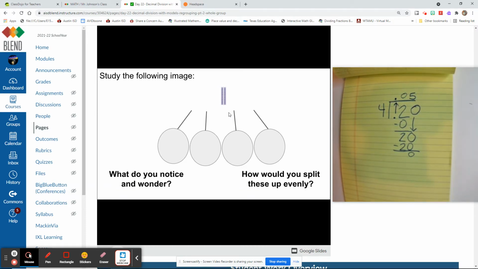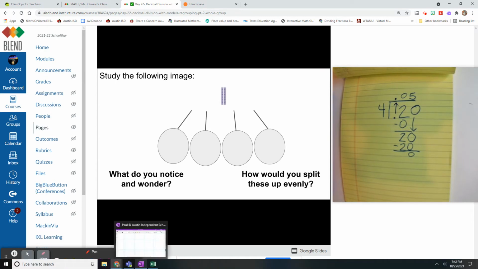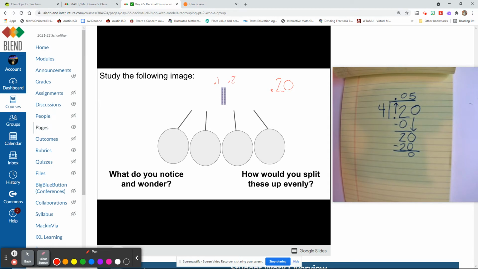Now, if you were thinking with the picture that 20 hundredths divided into 4 is kind of like if we had money, we're looking at 20 cents divided into 4 groups, right? So if we split this up into pennies, so if this was 2 dimes, this is 1/10 and this is 2/10.